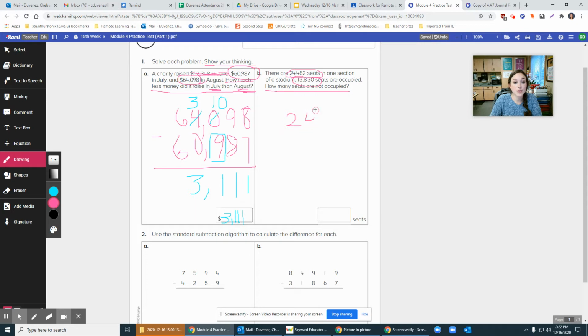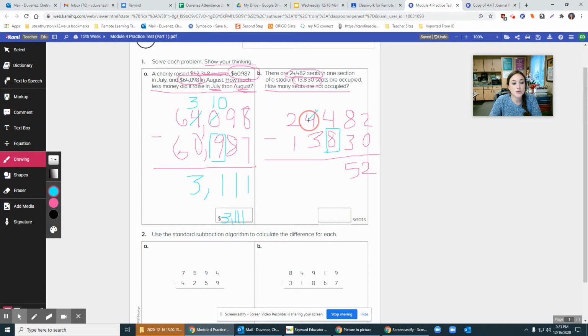Again, the bigger number goes on top. Make sure your place values are lined up. Start with your ones place. 2 minus 0 is 2. 8 minus 3 is 5. 4 minus 8, you can't do that. I meant to change colors. There's more on the floor.